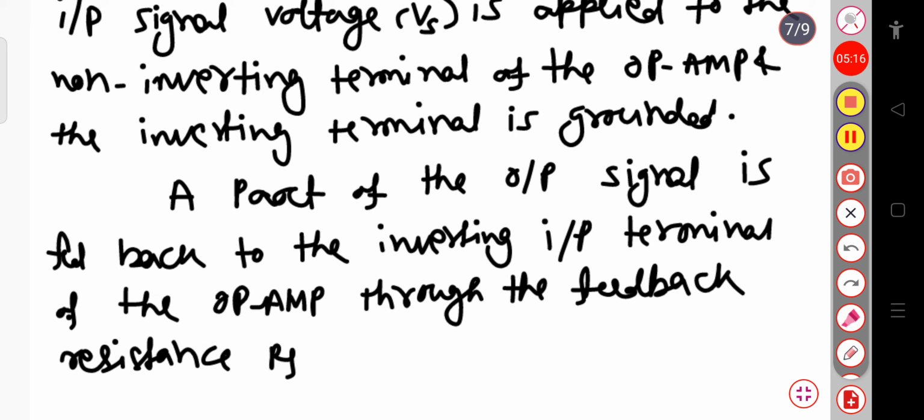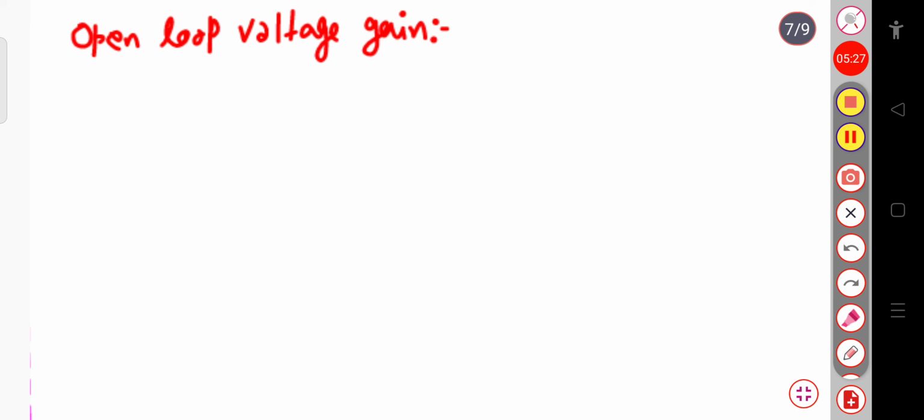Now here we have to first calculate the open loop voltage gain, and after that we will go for the closed loop voltage gain for the non-inverting amplifier. So you know, for the open loop voltage gain you have to take the ratio between the output voltage and the differential input voltage.